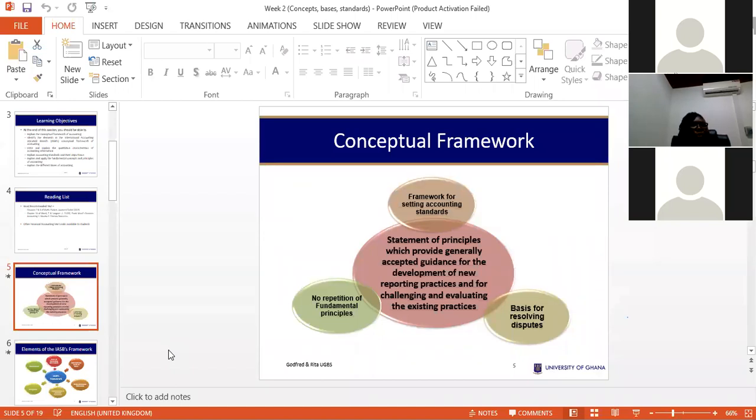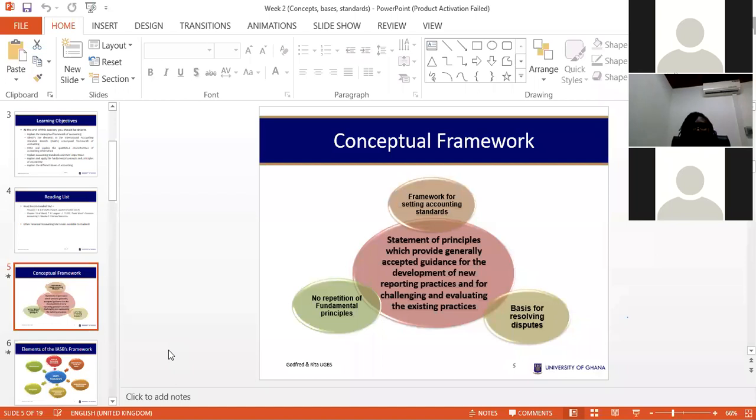So whether you are in Afghanistan, whether you are in Kosovo, whether you are in Ghana or Kenya, you can use the same principles and the same rules apply. And so that is what the framework is supposed to do.